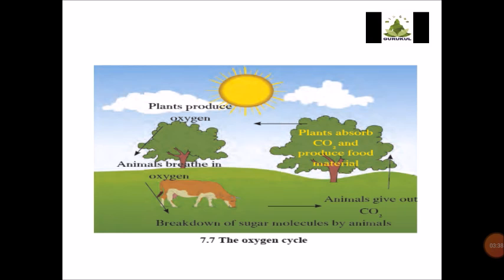Here in this picture they have shown only the cow, but there are human beings also, birds also, many living organisms. What they do, these animals, they breathe in the oxygen. Means whatever has happened, the plants have released the oxygen and animals have absorbed it. Then there is breakdown of the sugar molecule by animals.